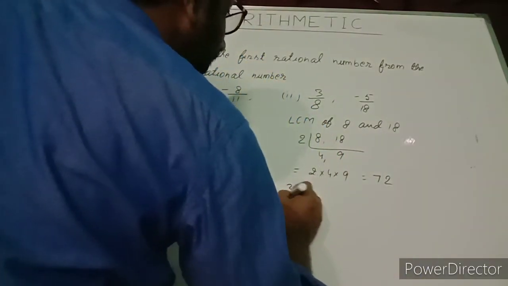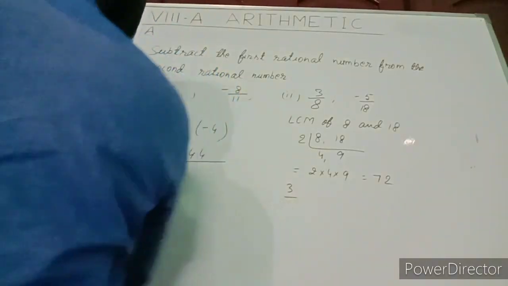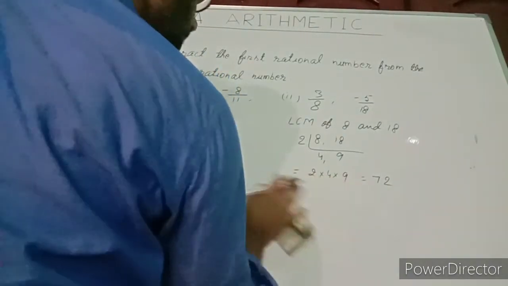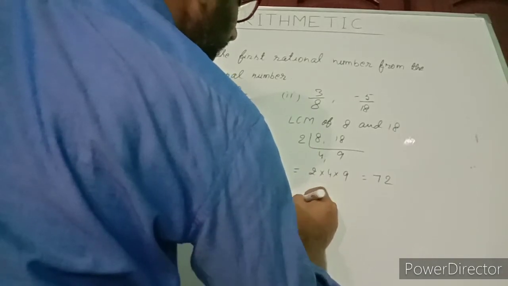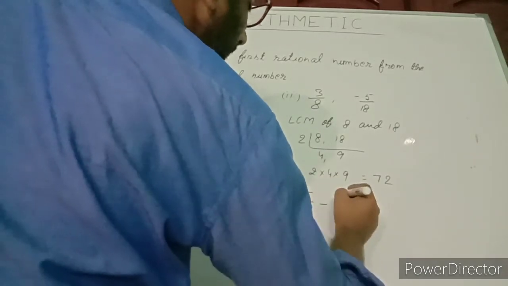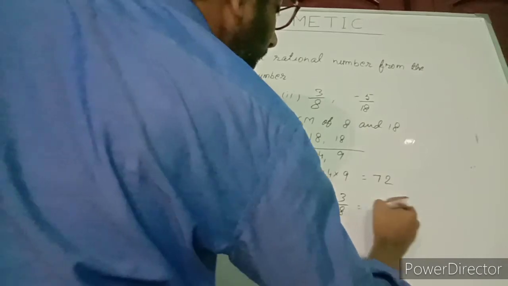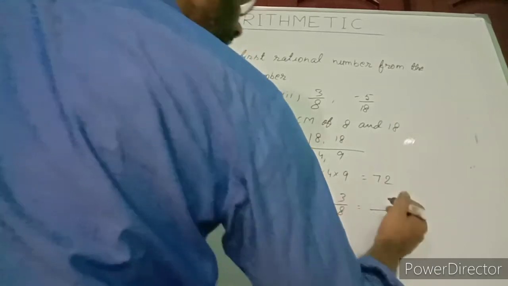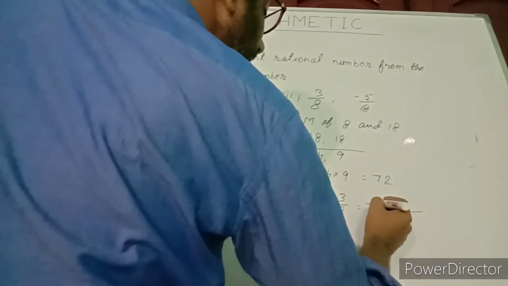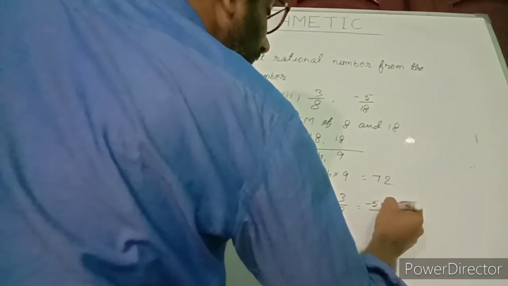Now you write, subtraction of the first rational number from the second rational number. So the second rational number is minus 5 by 18. Now subtract the first, 3 by 8. Write the LCM here, 72. Now divide this 72 by 18. You will get 4. This is already minus 5 into that quotient 4.